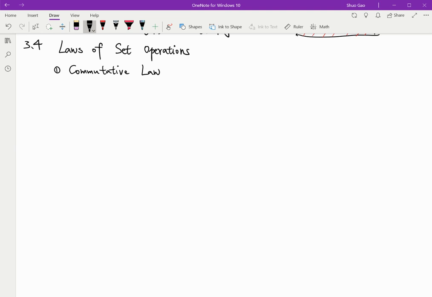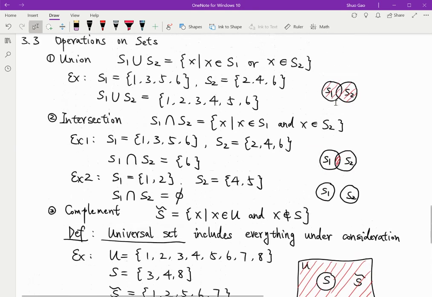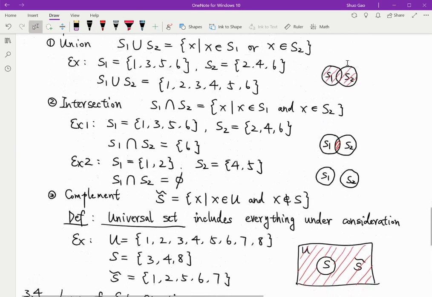Commutative law. So just like the numerical algebra you have learned, right? For example, A union B, something easy to understand, equals B union A. As I said, union is just considering all the elements in S1 and S2.